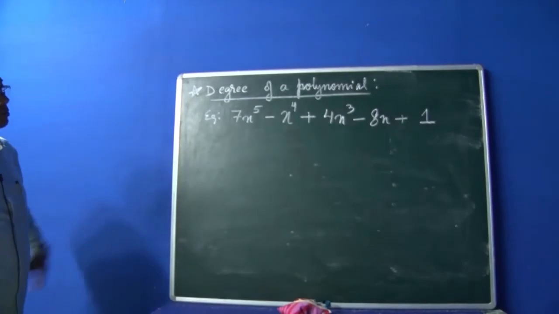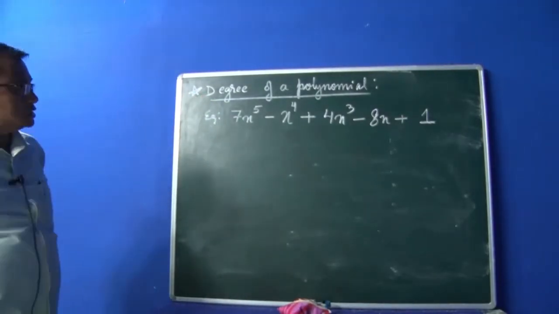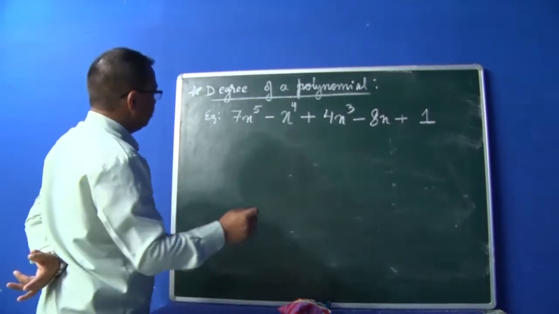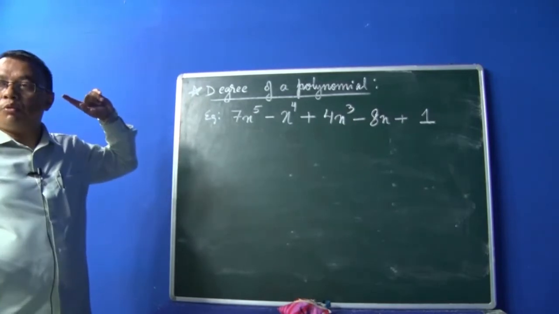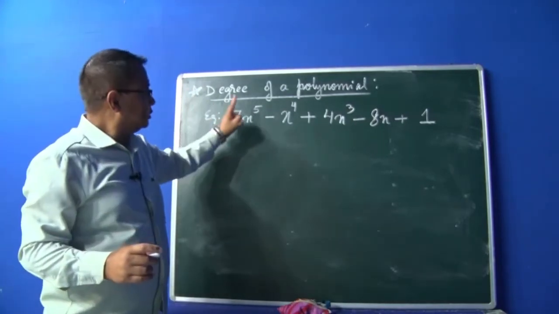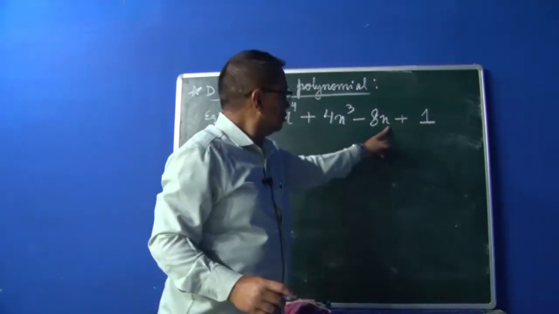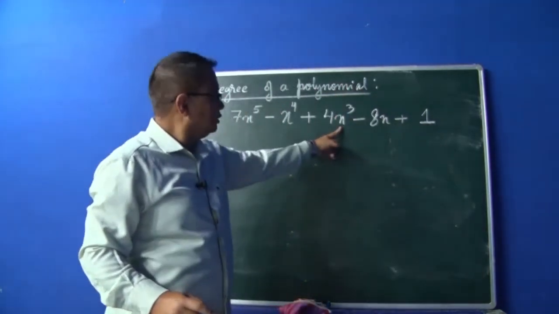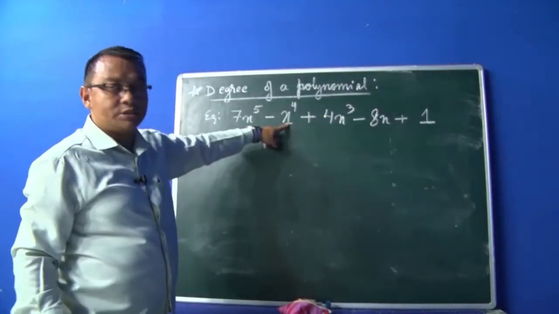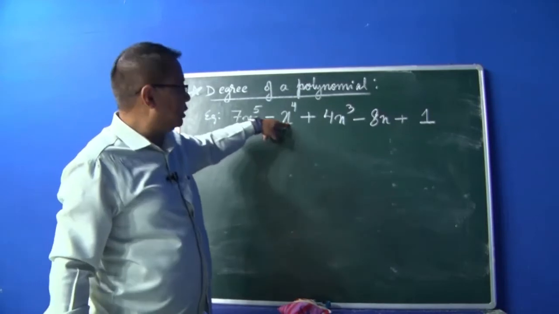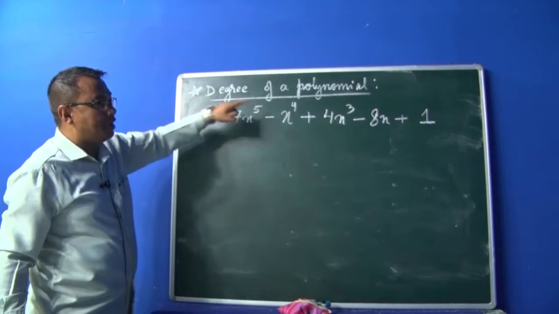The terms are arranged in descending order, what we say the standard form of arranging a polynomial. What is the biggest power here? Power is 0, 1, keep on going, 3, or what we say cube. And here x to the power 4. And here 7x to the power 5.